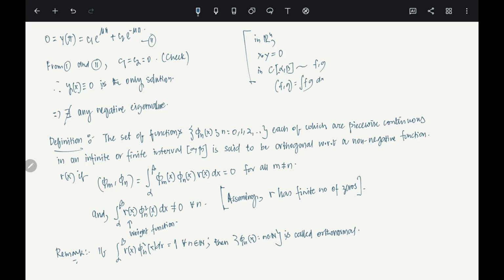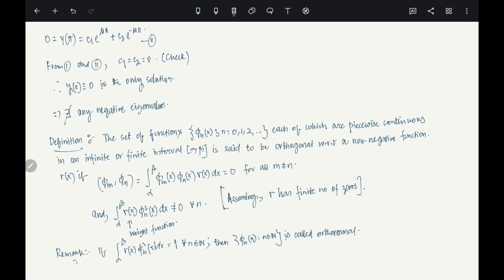So this is just a generalization. In the finite dimensional vector space R^n, you define the inner product as the dot product x dot y, your usual thing. But in a function space, you can think of it as an inner product space, where the inner product is given by the integral of fg dx. There can be others also, but this is the inner product which we are going to assume. Is it okay? Right.